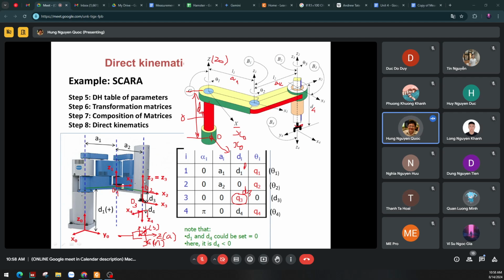And this one is theta 3. Theta 3 in this case, 2 and 3 are the same, so this is 0. And theta 4 is also a variable. So that is for the scalar coordinate.